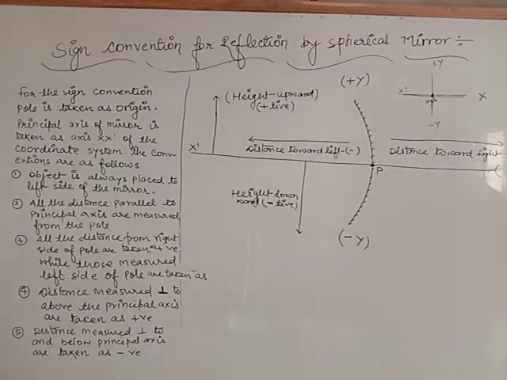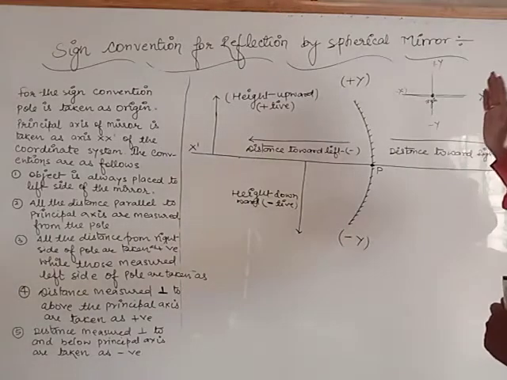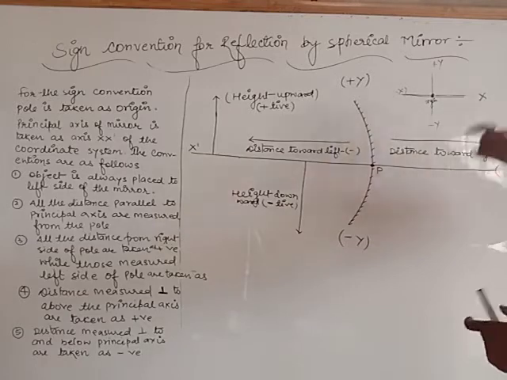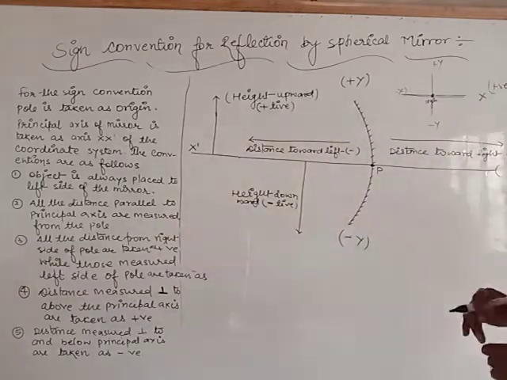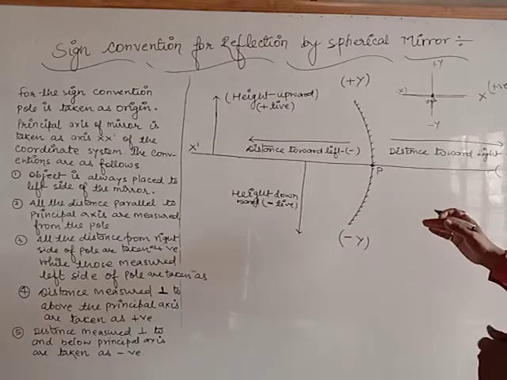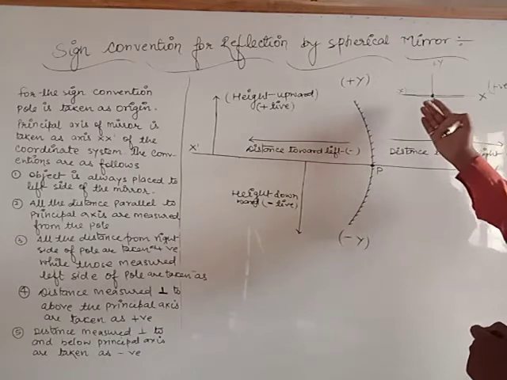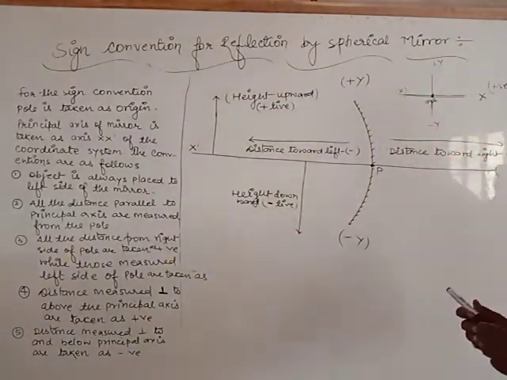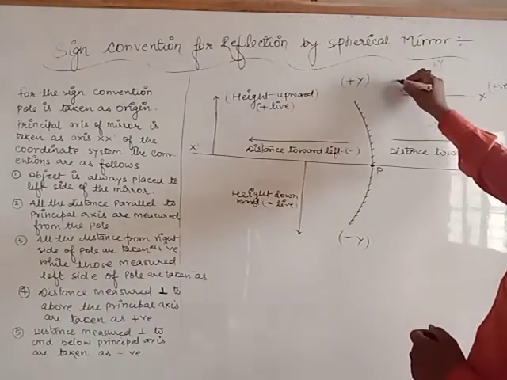Very simple: all distances to the right side of the origin are always taken as positive, and all distances to the left side of the origin are negative.